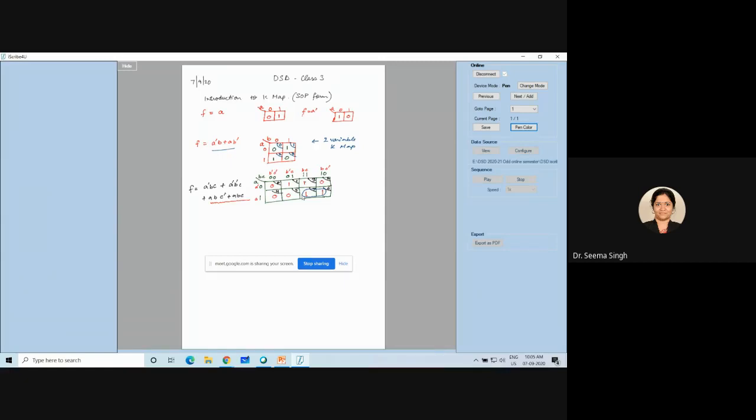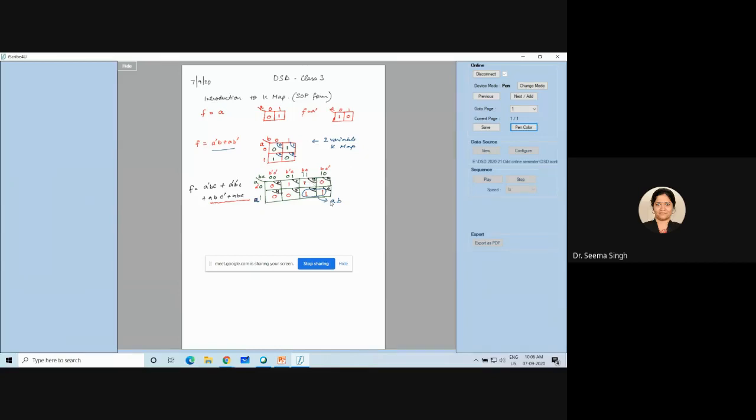So this pair gives us A, which did not change, and this B also did not change. So AB. What changed? This C bar. For both the ones, C was not common.